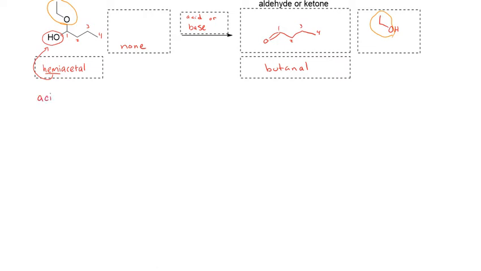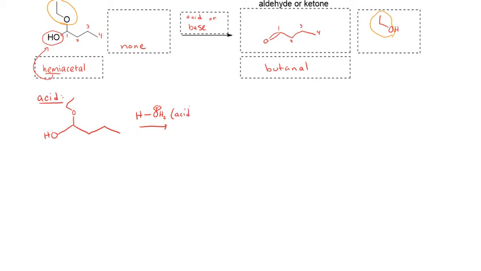Let's look at the acid conditions first. The reaction that we're trying to explain is an elimination of the ethoxy group, and so that's the group that we're going to protonate. So this is our example strong acid.